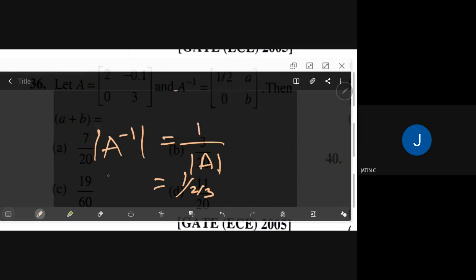So B by 2 is 3 by 2. So B is 3. We can say that B is 3.